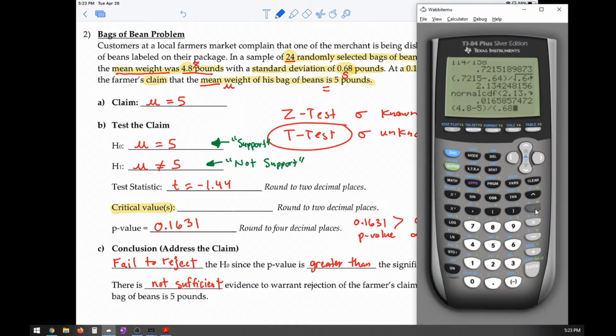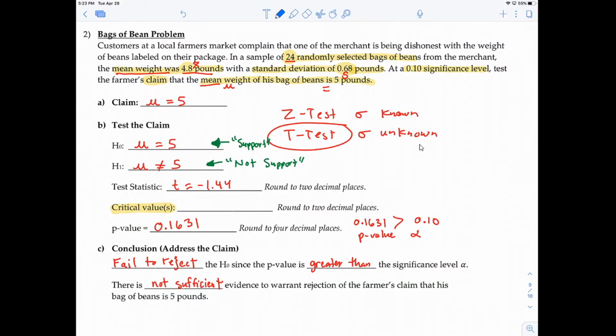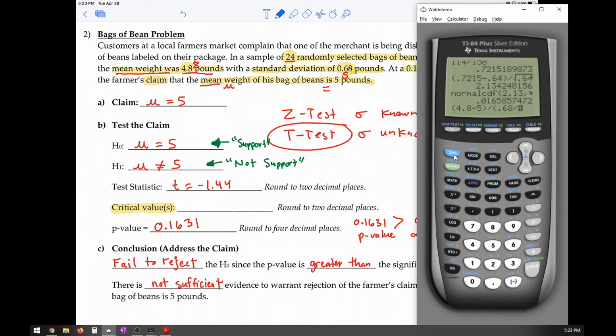And then we divide by the square root of n. So n is 24. Then exit out of that and close parentheses. Just like that, press enter. And that's how we get this right here.